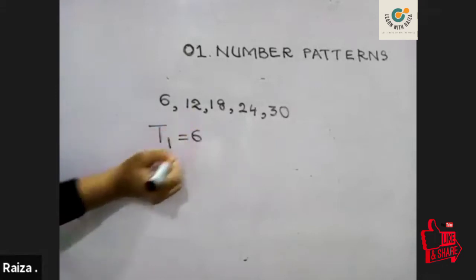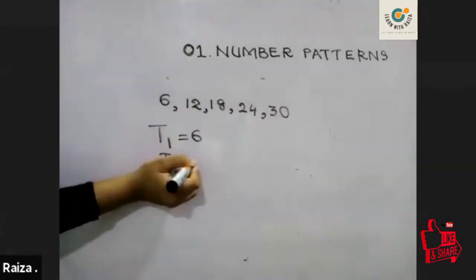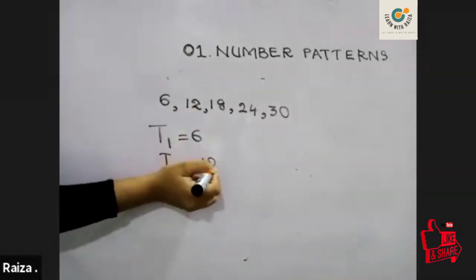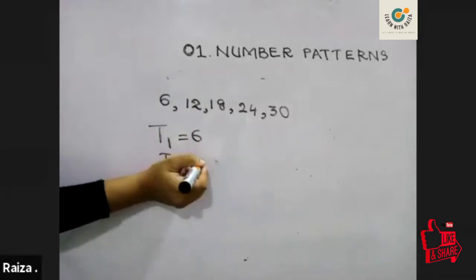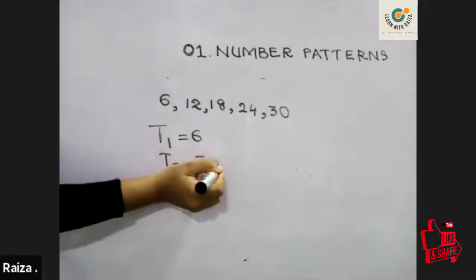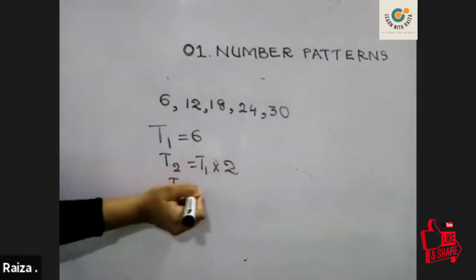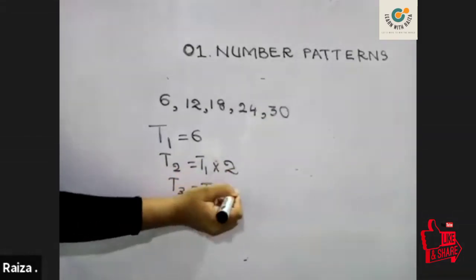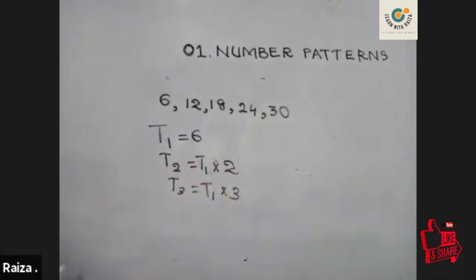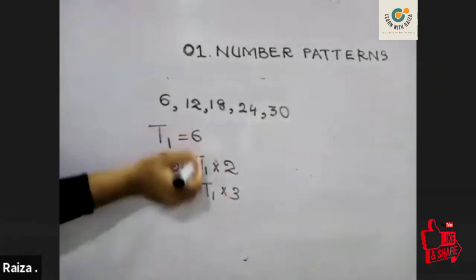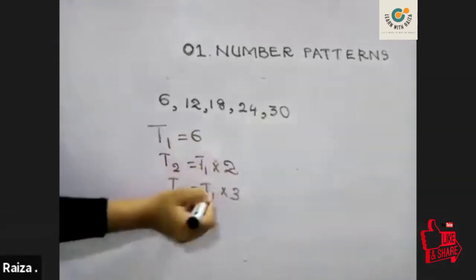6 is the first term. The second term is 12. That is how the second term came: first term multiplied by 2. Third term, first term multiplied by 3. So what is the first term here? 6. 6 times 2, 6 times 3.